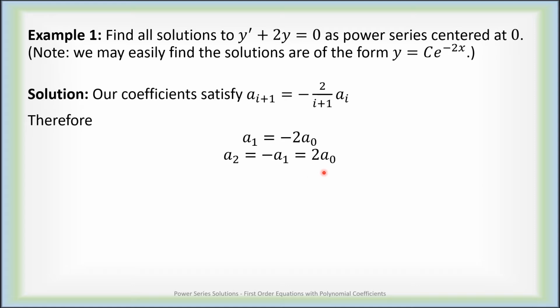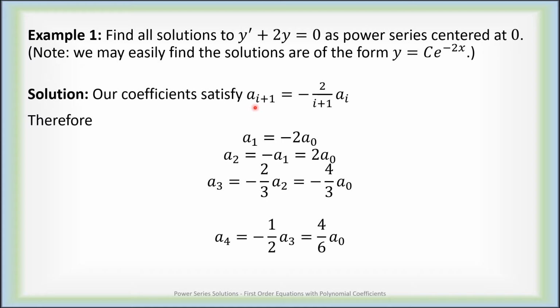So overall, a_2 is 2a_0. If I let i equal 2, a_3 equals negative 2/3 a_2. But we just determined that a_2 is 2a_0. So if I plug that in there, we get a_3 is negative 4/3 a_0.